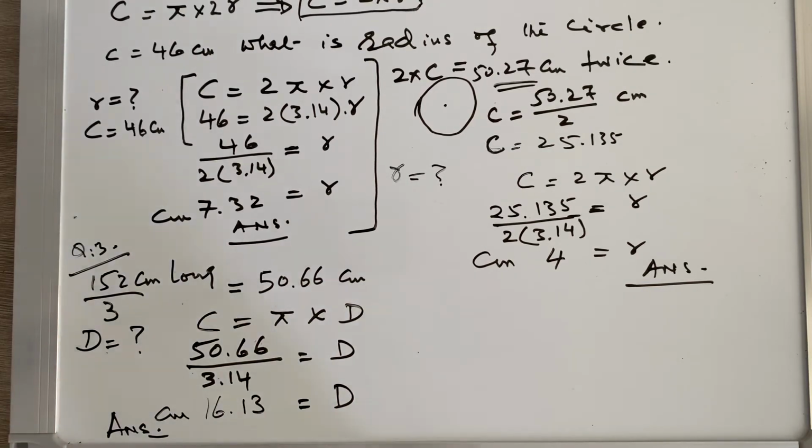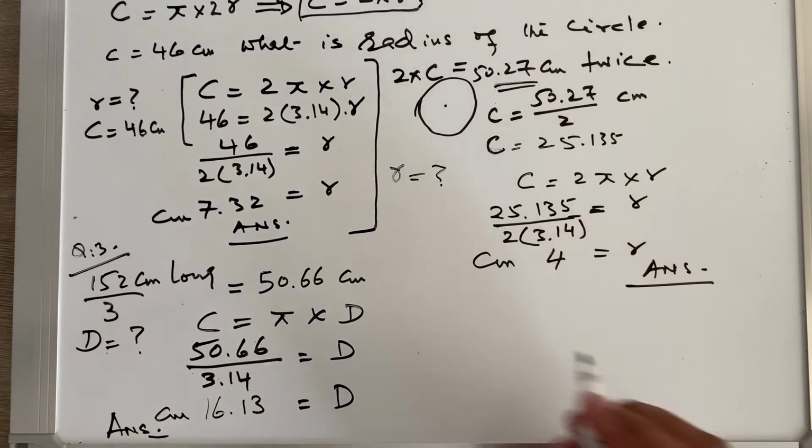Another question can be asked like this. The circumference of a big circle is 62.83 and it's twice as long as a small circle. What is the radius of the small circle? So this one is twice as big, right? This is a big circle, and the circumference of the big circle is given.